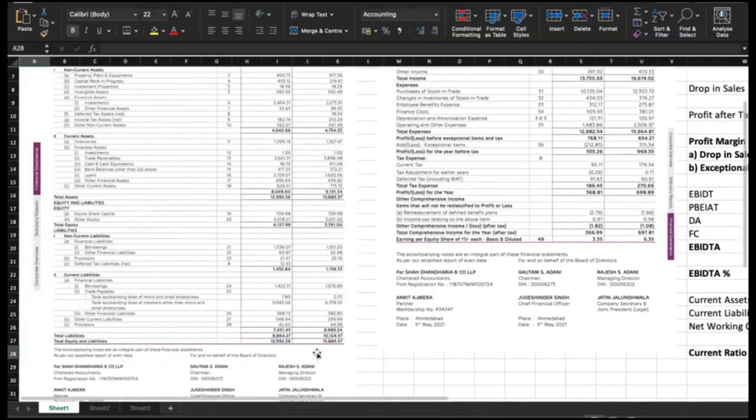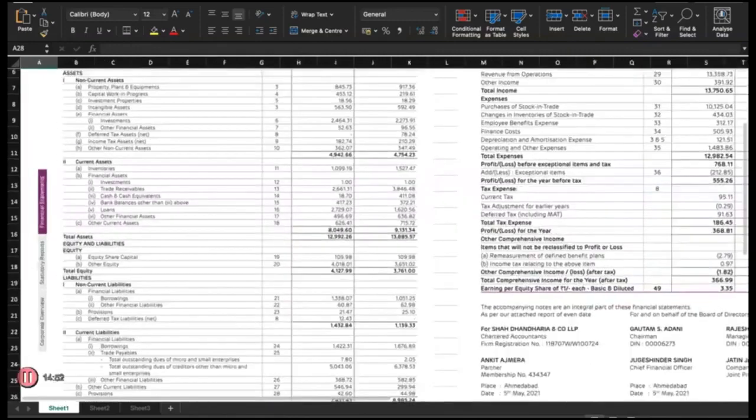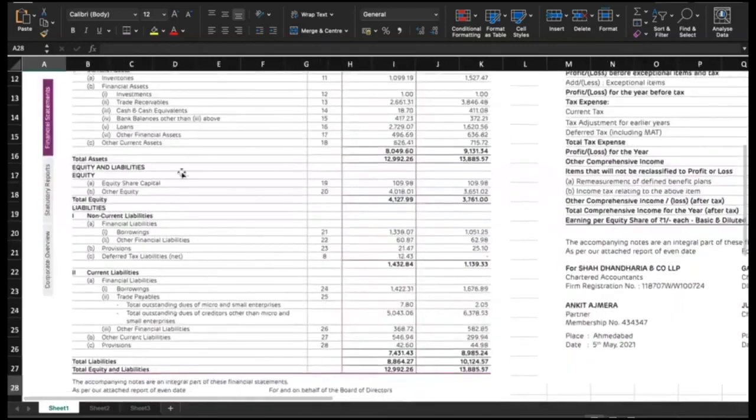Let us also look into their fundamental long-term solvency. For that, the information required is, we should see what is their total equity, basically the tangible net worth. Then that should be compared with total liabilities. So here if you see their total liabilities, this is the value, and that should be compared with this equity.